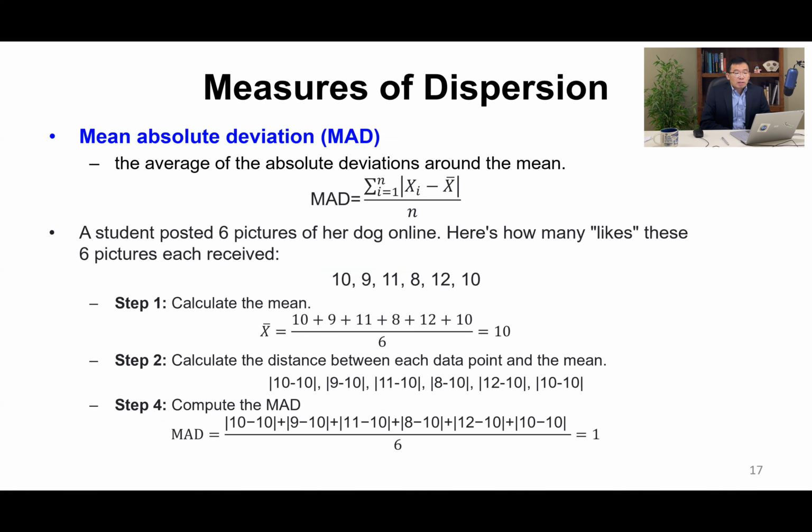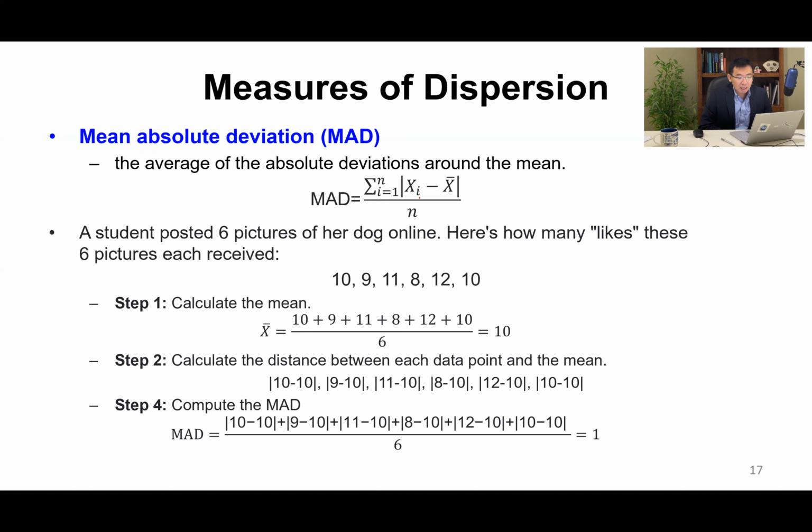The third measure of dispersion is the mean absolute deviation, the average of the absolute deviations around the mean. As you can see here, we have the summation of the absolute value of xi minus x bar, and then we divide by n. Let's have a look at an example. A student posted 6 pictures of her dog online.